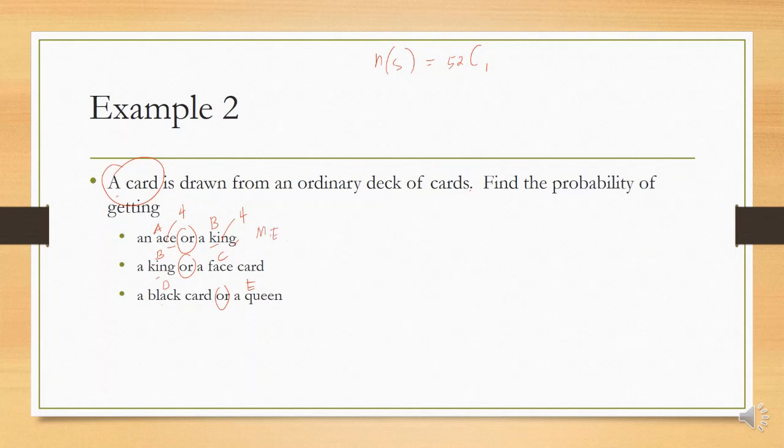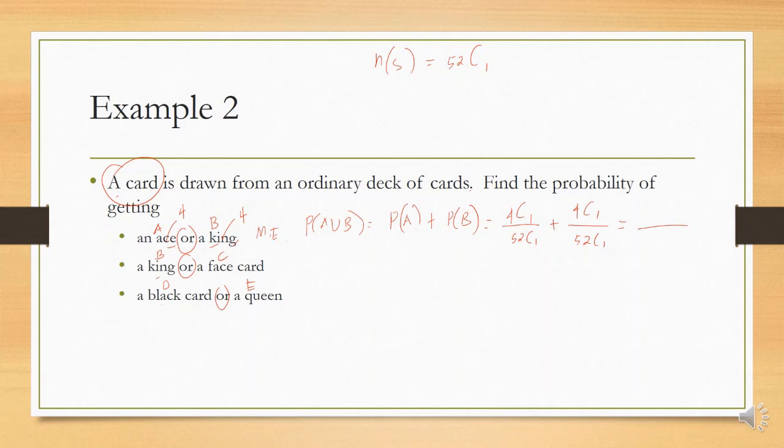Now, remember, P of A union of B is simply P of A plus P of B or, ano ang litaw natin? 4 combination of 1 kasi isang card lang ang kinukuha natin, no? Over 52 combination 1 plus 4 combination 1 again for the king and then 52 combination 1. This will be your answer.